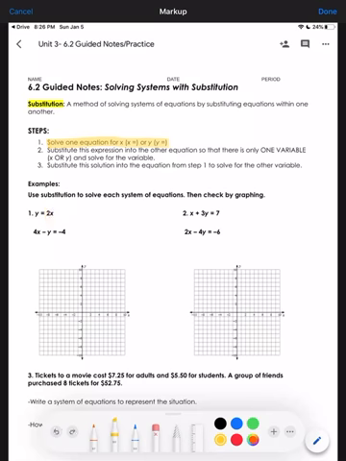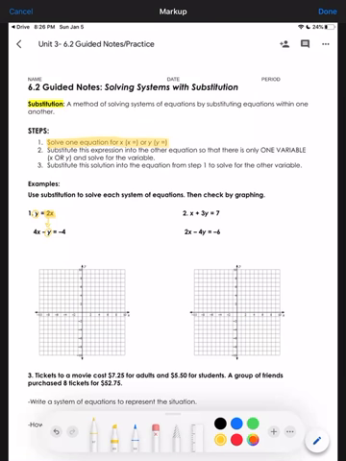So the work of step 1 is already done for me because I already have y equal to something. If y equals 2x, that means in the second equation, anytime I see y, I can plug in 2x instead, which will give me a single variable and allow me to solve for x.